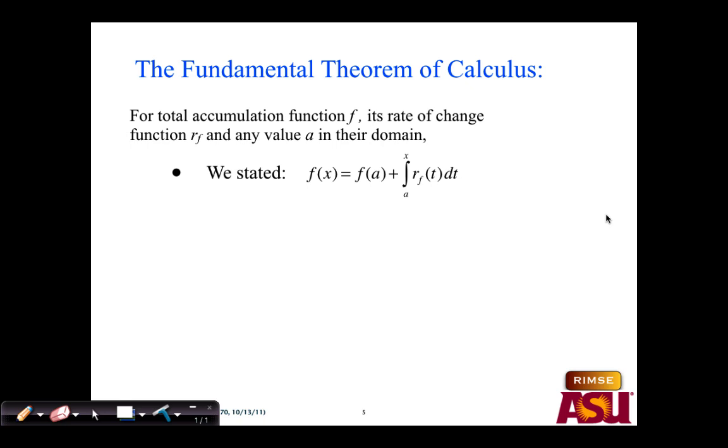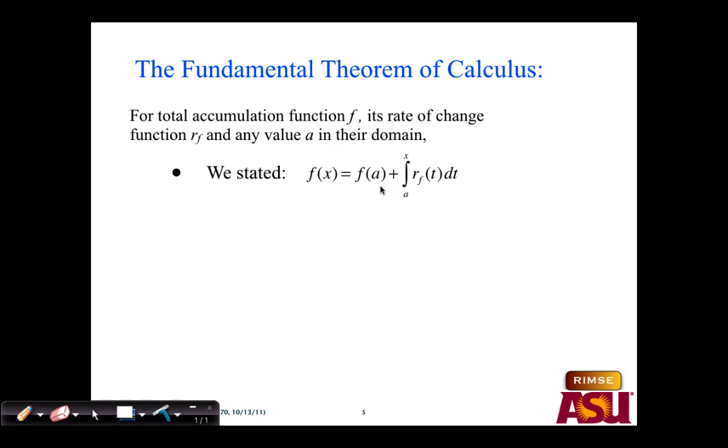So just to restate this again, this was at the bottom before. For a total accumulation function or total amount function f, the rate of change that's associated with it, r sub f, and any value a that's in the domain. I'm not going to pick weird functions like square root functions and then talk about negative inputs to the square root.